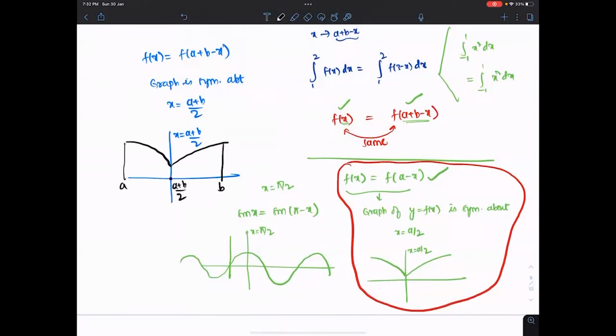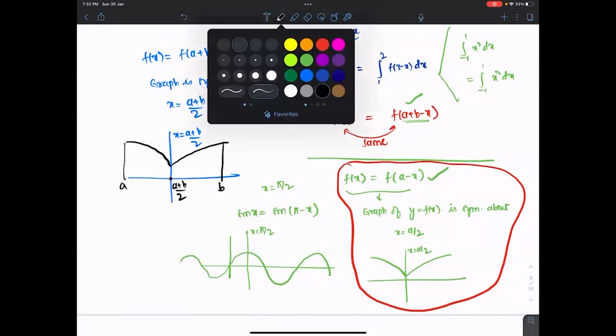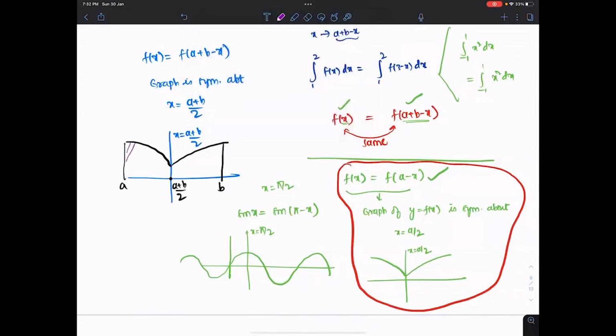Okay. So will you be convinced if I say that the area under the graph from a to b will be twice the area under the graph from a to a plus b by 2, or a plus b by 2 to b? Correct?